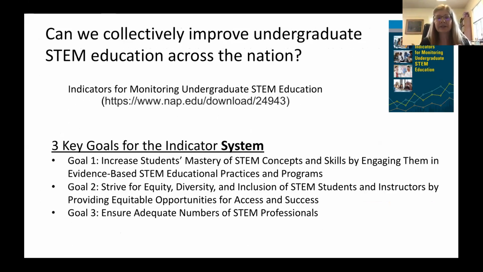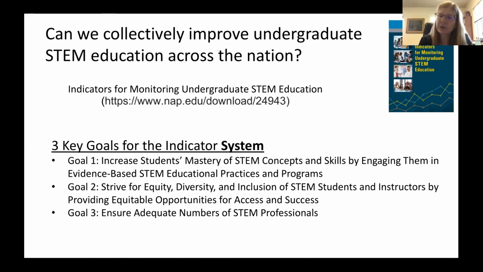So let me just step back, right? I started talking about the national scale and changes there, and I want to come back and challenge us to think about how we might know long-term, beyond the specific work we're doing, because U-FERN is a national network. How might we be collectively improving STEM education? So the third report that my team commissioned from the National Academies was to develop a national indicator system.